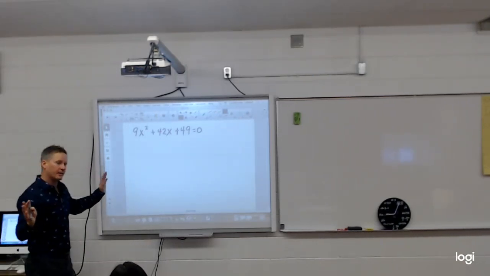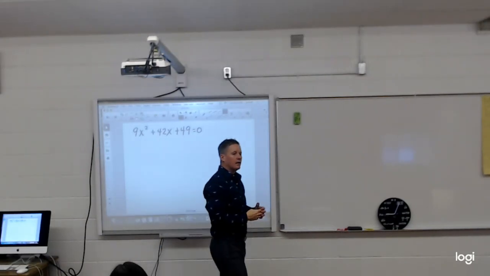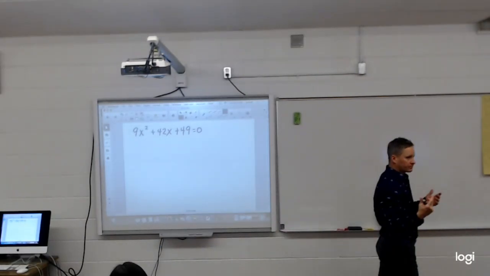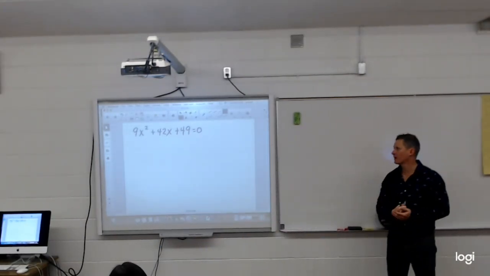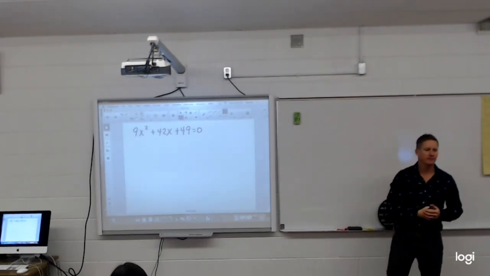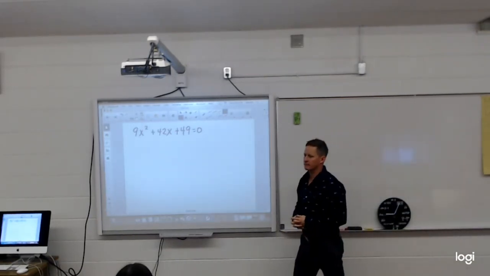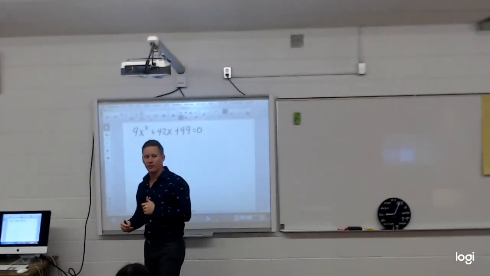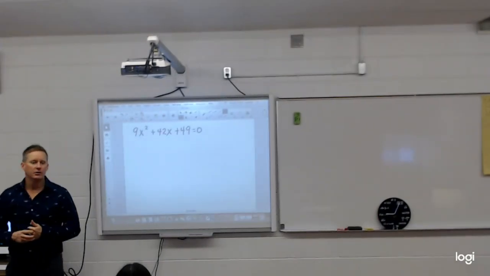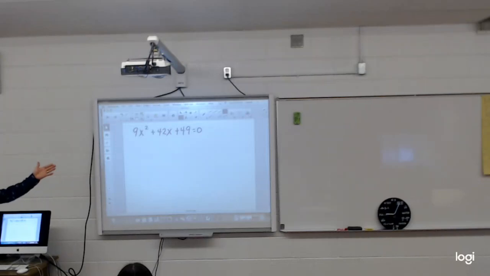It was all whole numbers. Everything was hunky-dory. Now, look at this equation here. Can I divide 42 by 9 nicely? No, can't. Can't divide 49 by 9 nicely either. So the option to divide it out isn't going to work.